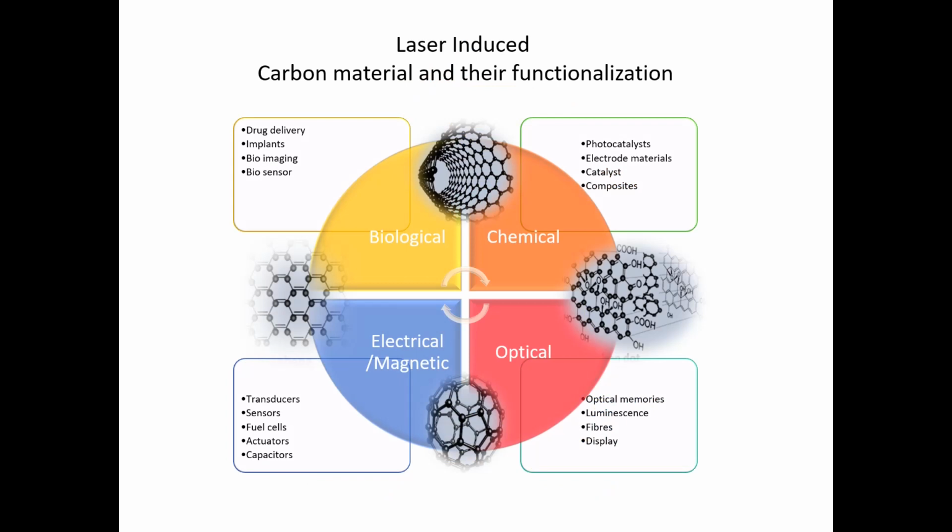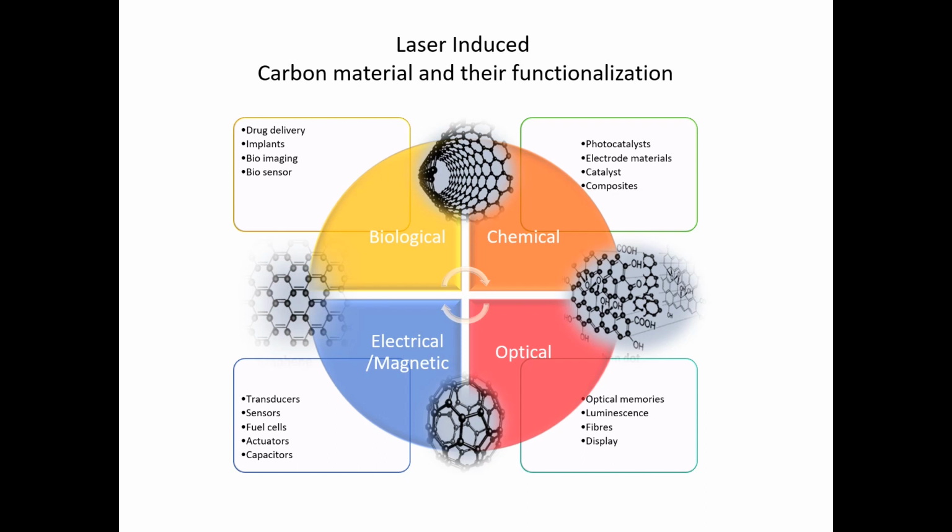And when we talk about advanced material manufacturing, of course we cannot ignore the carbon materials and their functionalization, because carbon materials have a wide range of applications from biological, chemical, optical and electromagnetic fields.